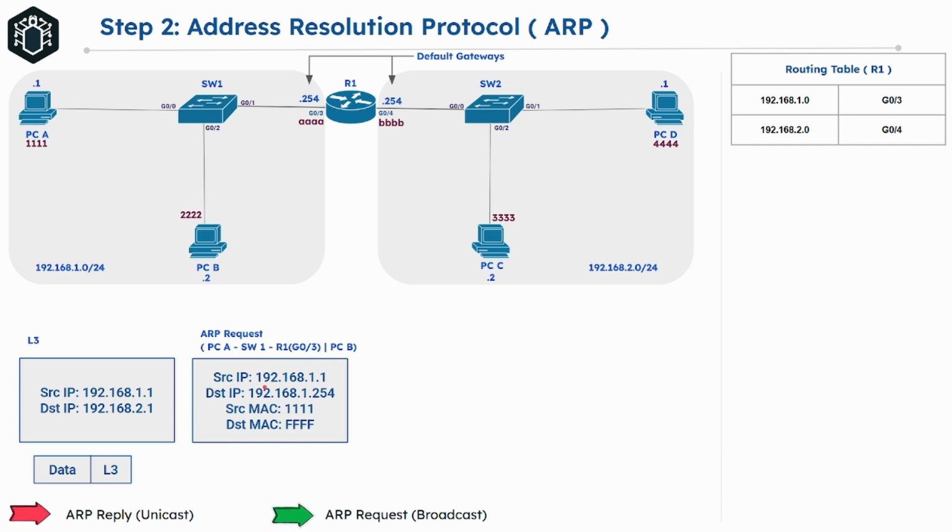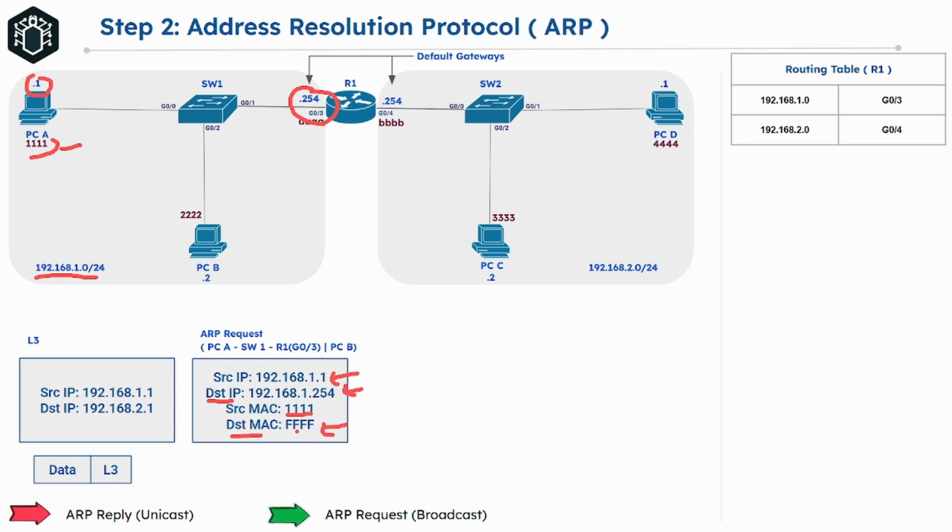The source IP 192.168.1.1 is PCA's IP address, and the destination IP 192.168.1.254 is the default gateway of the local network 192.168.1.0. The source MAC address 1111 is PCA's MAC address, but notice the destination MAC address here.